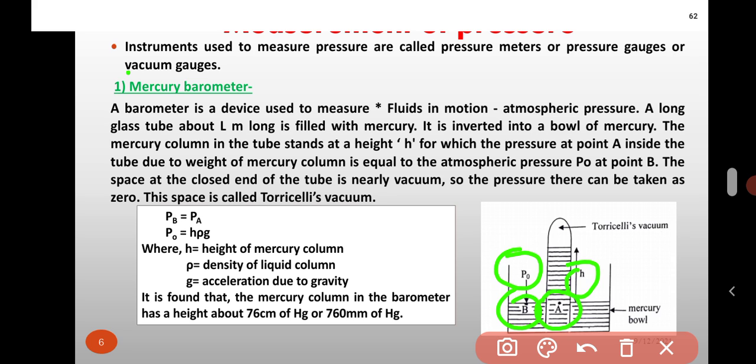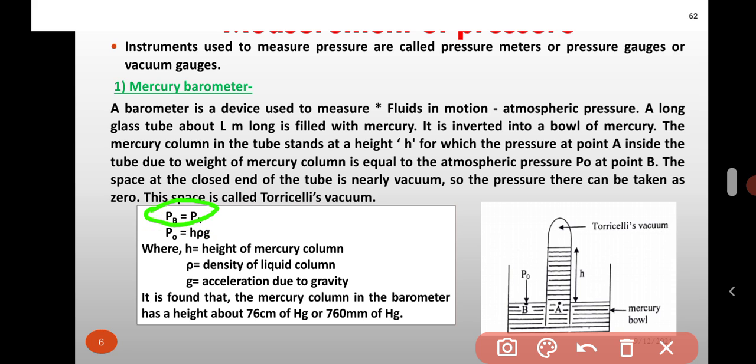The space at the closed end of the tube is nearly vacuum, so the pressure there can be taken as 0, and this space is called Torricelli's vacuum.